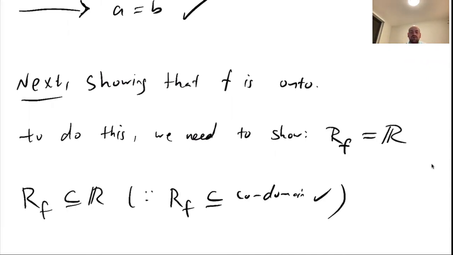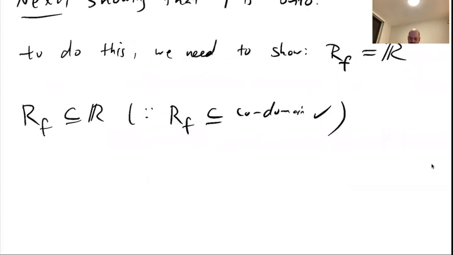This is not the direction that determines whether the function is onto or not. Range is always a subset of codomain for every function in the world. The other way may or may not hold. The codomain may or may not be a subset of range. So that's what determines whether the function is really onto or not.